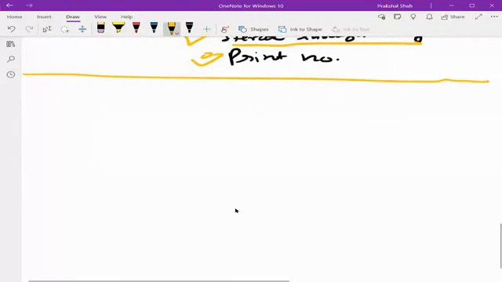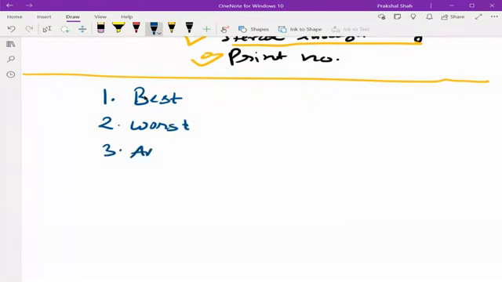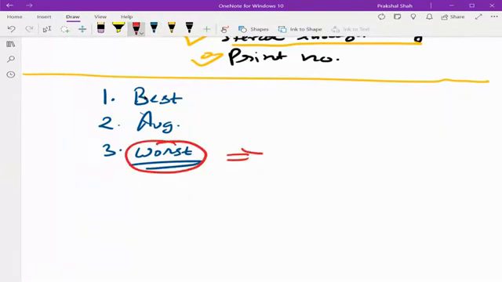Since you know what the computer steps are, first of all let me tell you that there will be 3 criteria, 3 types of measurements. First is the best case, second is the average case, and third is the worst case. Whenever I say worst, it will always be denoted by big O. So whenever I write big O and write something here, immediately the worst case scenario should come up in your mind.